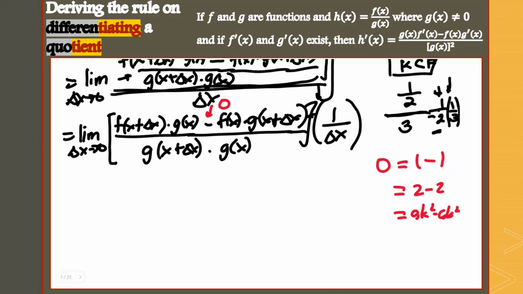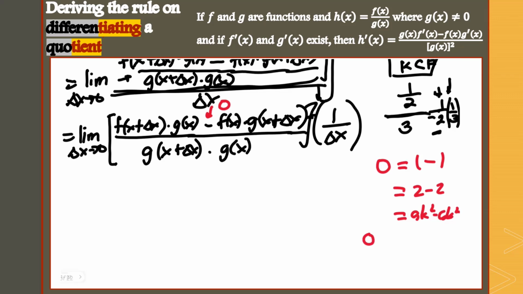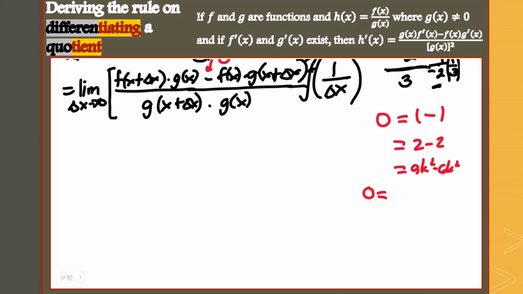Or here, I would like to introduce 0 being equal to the product of two functions f and g, minus f and g. This minus that is just 0, but when I add them here inside, there is an important implication to that can help us further simplify this.